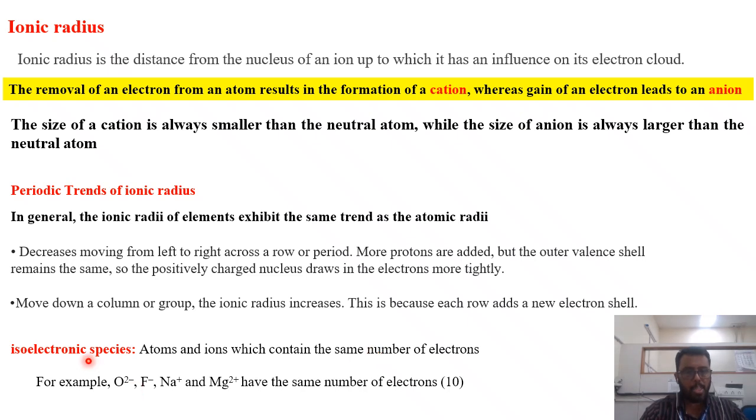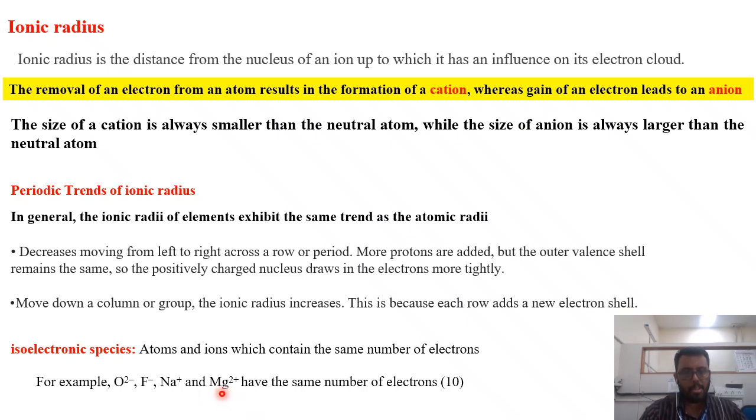Okay. So there are some species called isoelectronic species, atoms and ions which contain the same number of electrons. For example, oxygen, as you know, atomic number is 8. O2 minus anion means 2 electrons are added, so 8 plus 2, 10. Fluorine atomic number 9, 9 plus 1, 10. Sodium atomic number 11, 1 electron is removed, so 10.